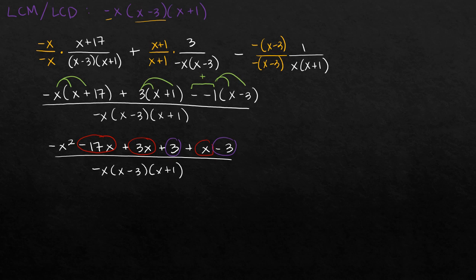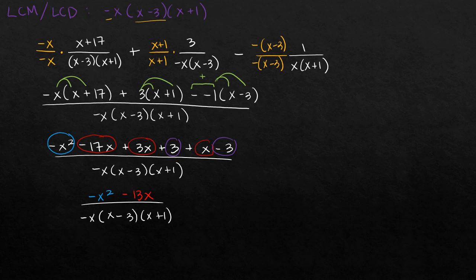And then we just have negative x squared. So overall, we've got a negative x squared and a minus 13x, right? Yeah, because negative 17 plus 4x essentially. Okay. And our 3's, those just cancel out. All right, so we've got negative x times x minus 3 times x plus 1.